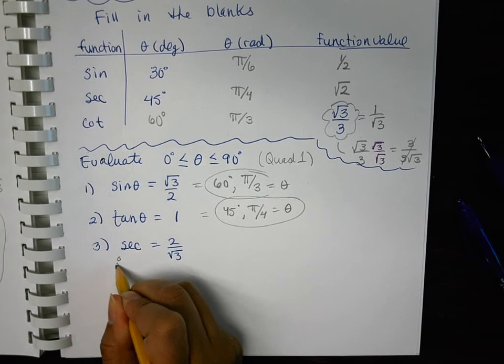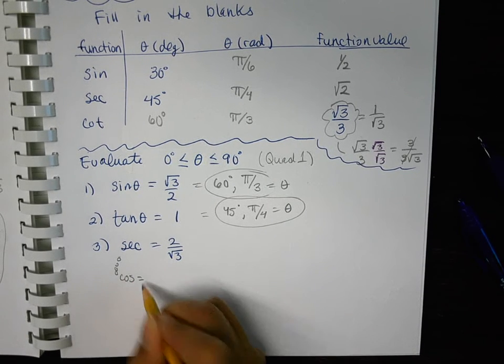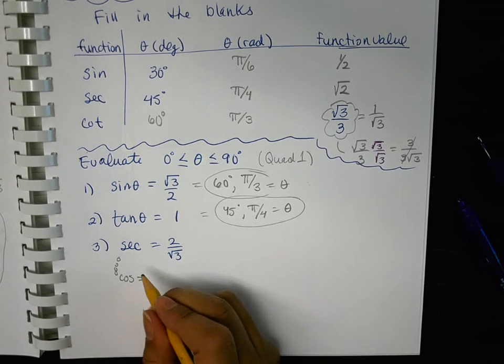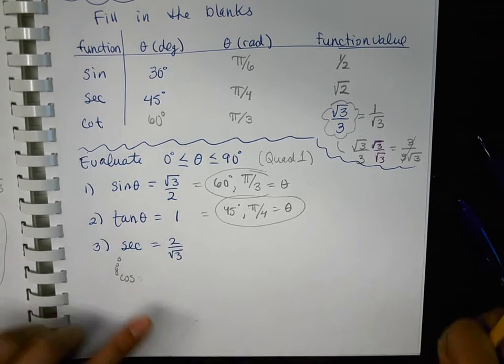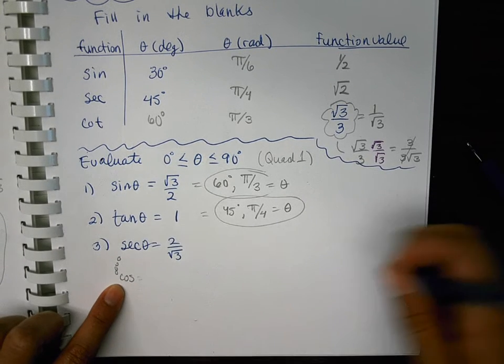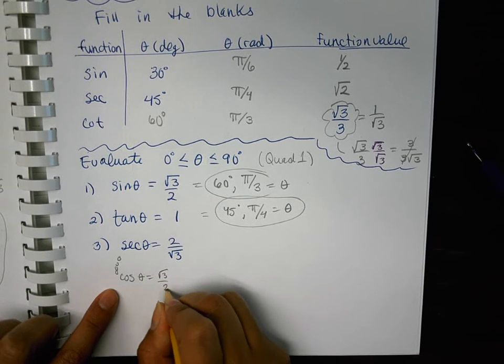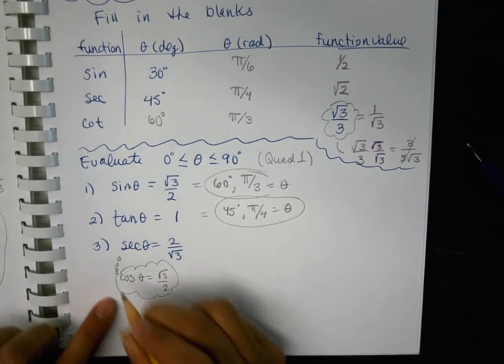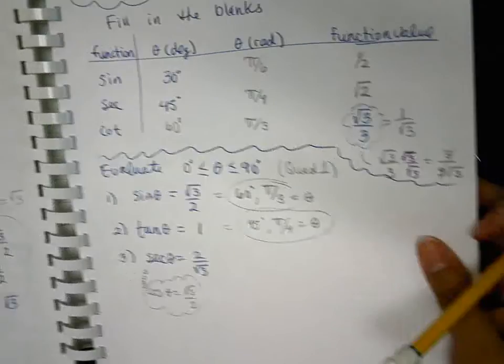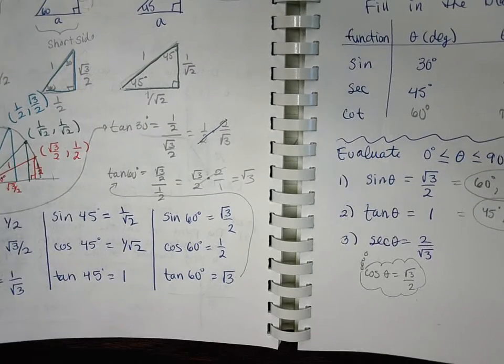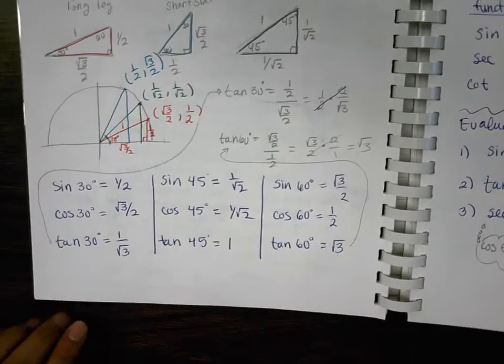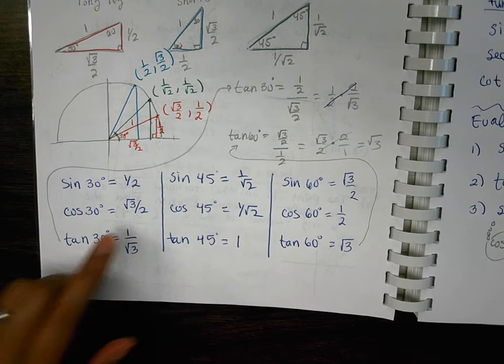When is cosine root 3 over 2, and I did forget my theta there. You're asking yourself, cosine of what angle is root 3 over 2? That's what you're thinking of in your head. So go back to your chart. Cosine of what angle is root 3 over 2? What is it? 30.